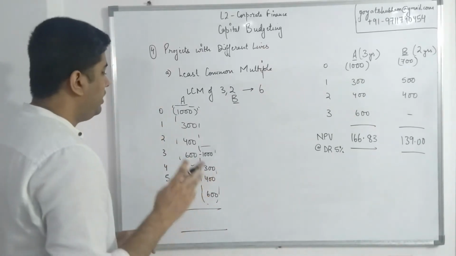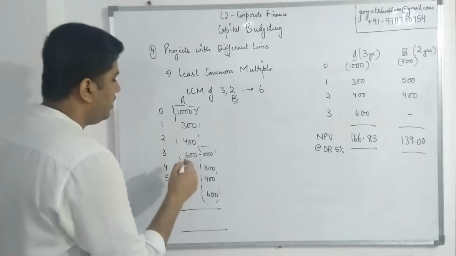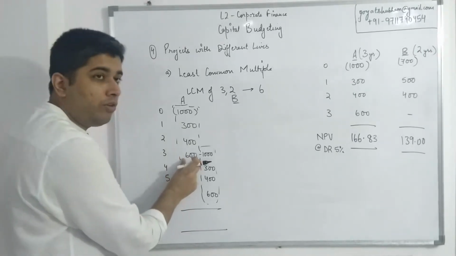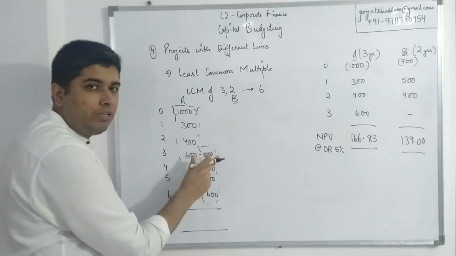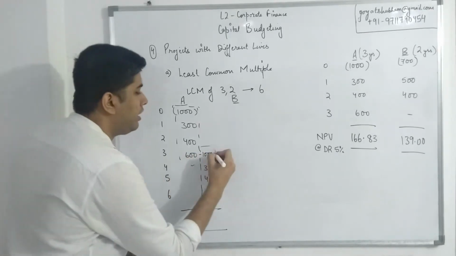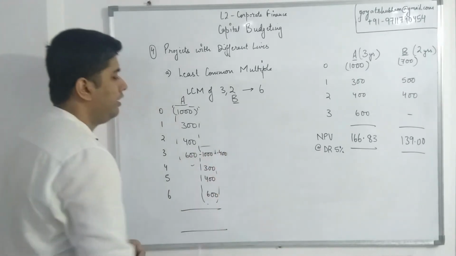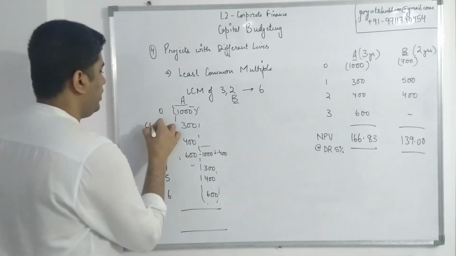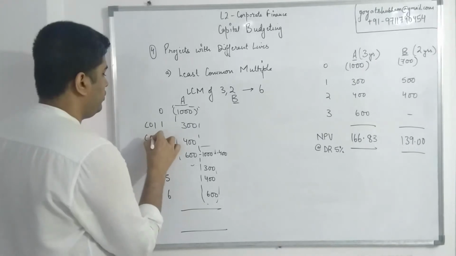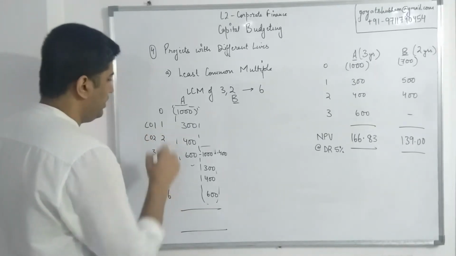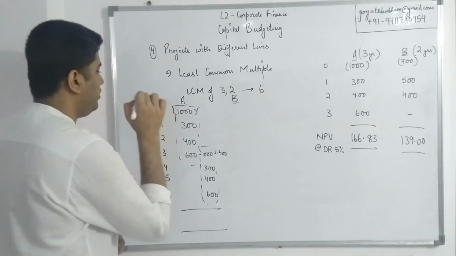Keep in mind, combined cash flows means for year 3, this is 600 of inflow minus 1000, which I can also write as just minus 400. So now I have C01, C02, C03, 4, 5, 6, and this is CF0.